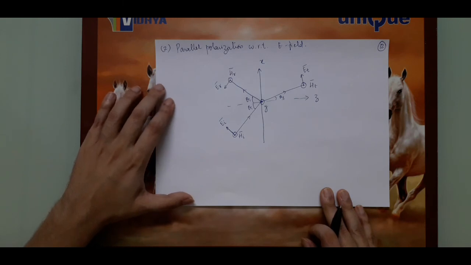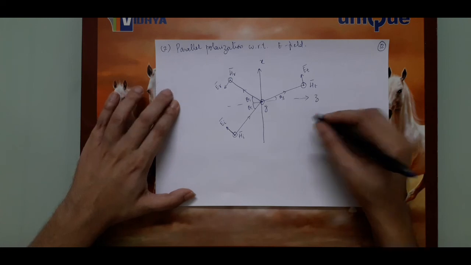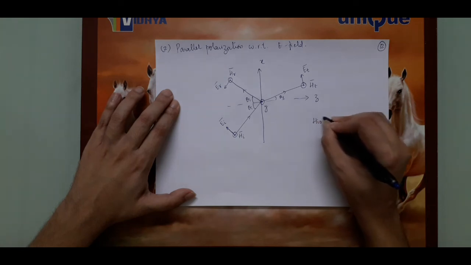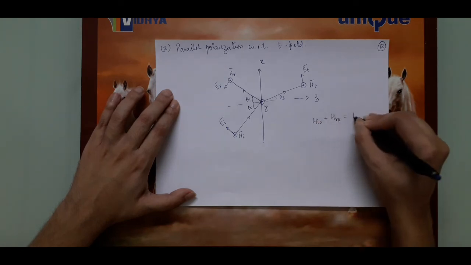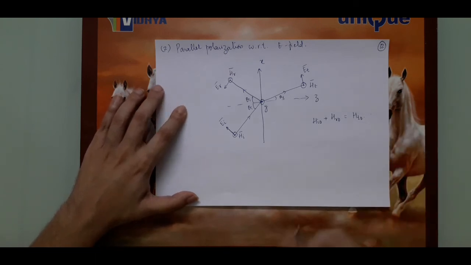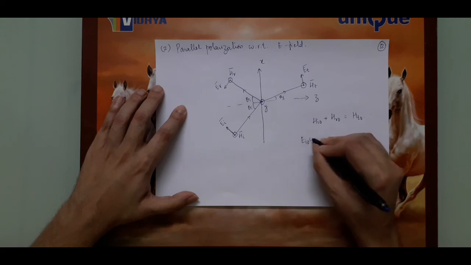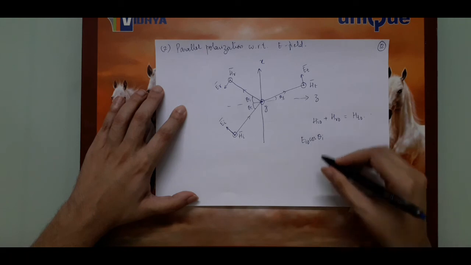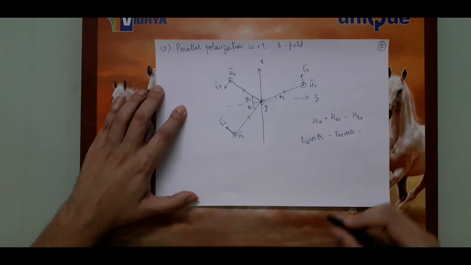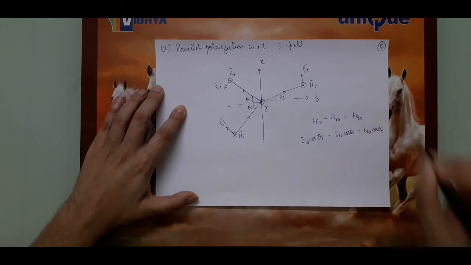Now very easily you can prove, using the boundary conditions, that HI0 plus HR0 will be equal to HT0. This is the first thing, and using the H field components, you can prove that EI0 cos theta I minus ER0 cos theta I will be equal to ET0 cos theta t.